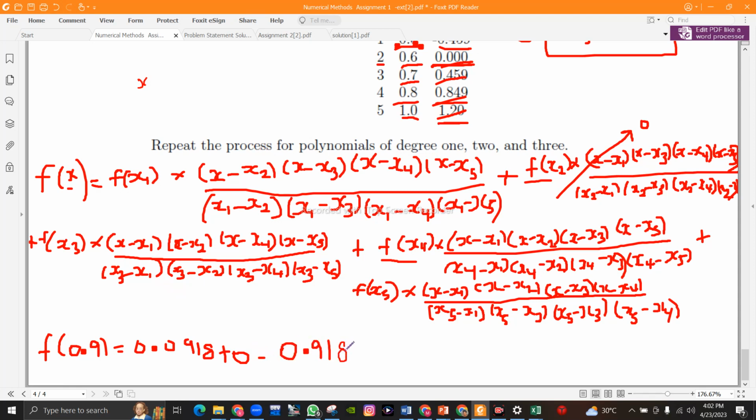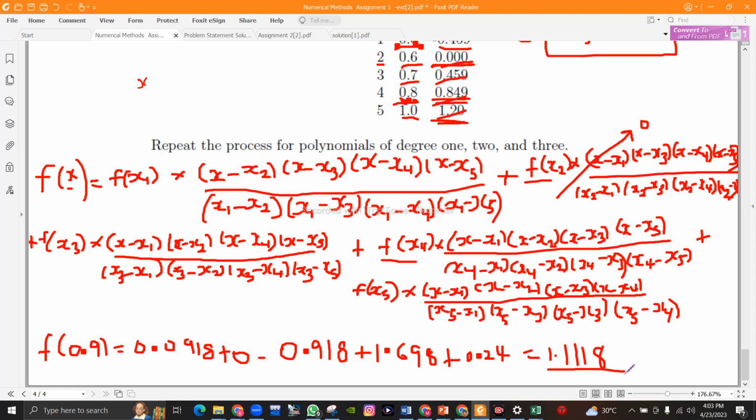When we did it for x4 it was 1.698, and for x5, the last one we did, it is 0.24. If we add all of this together, we should have 1.1118, which is what is expected, because when you interpolate at 0.9, you expect it to be between 0.8 and 1.20, and this is between that, which is correct.